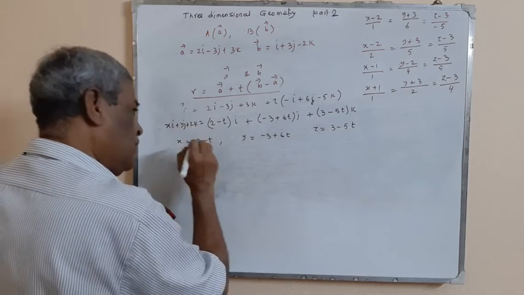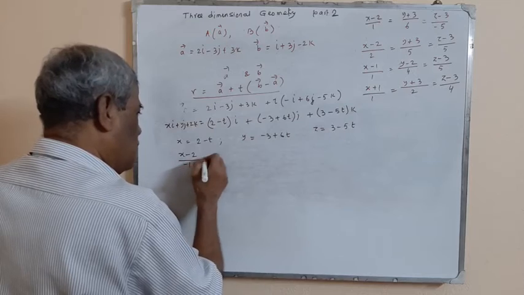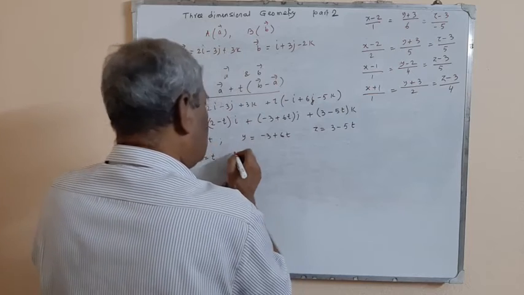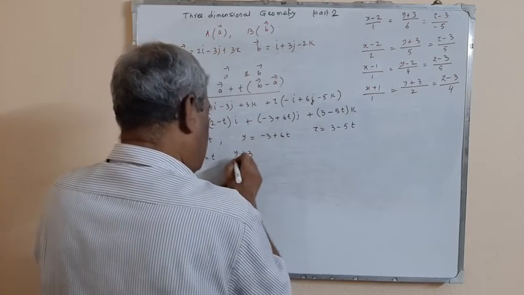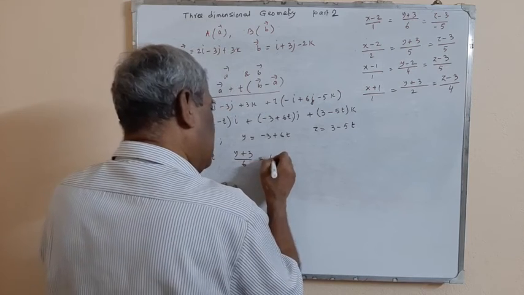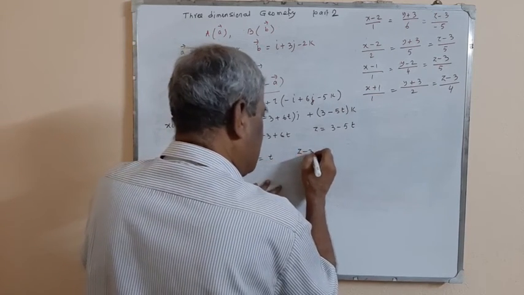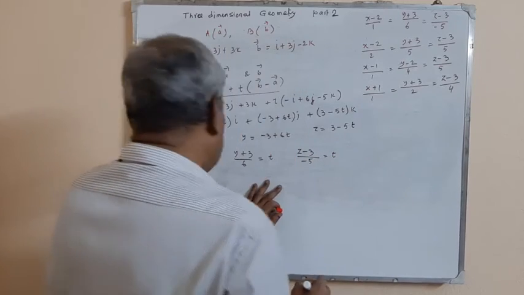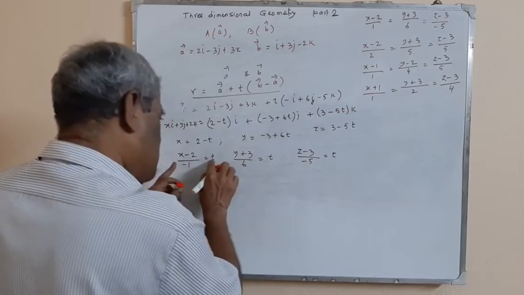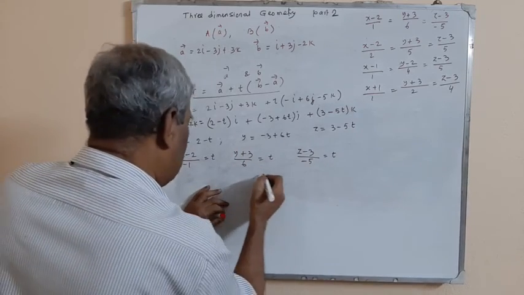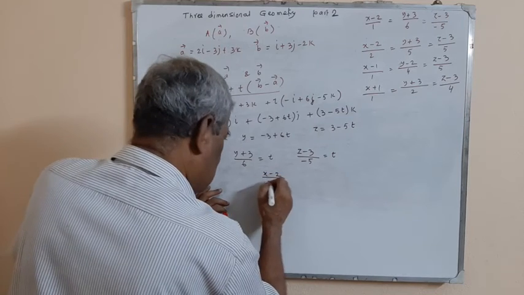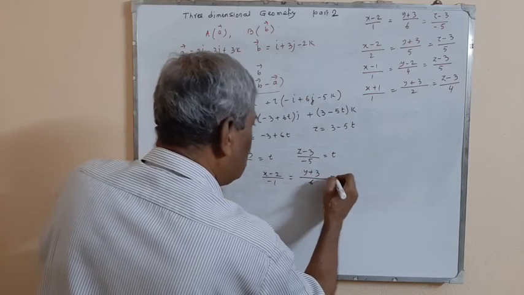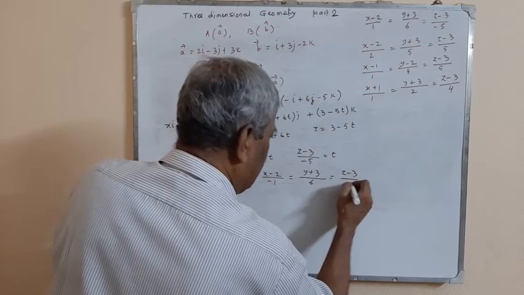Now from here, t is equal to: from this, x minus 2 by minus 1 is equal to t, y plus 3 divided by 6 is also equal to t, and z minus 3 by minus 5 is equal to t. So our answer is x minus 2 by minus 1 is equal to y plus 3 divided by 6 is equal to z minus 3 by minus 5.